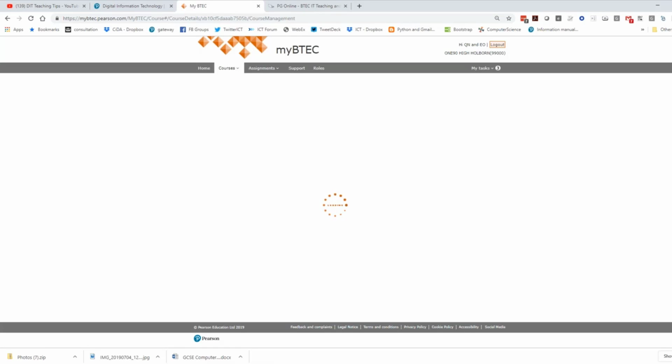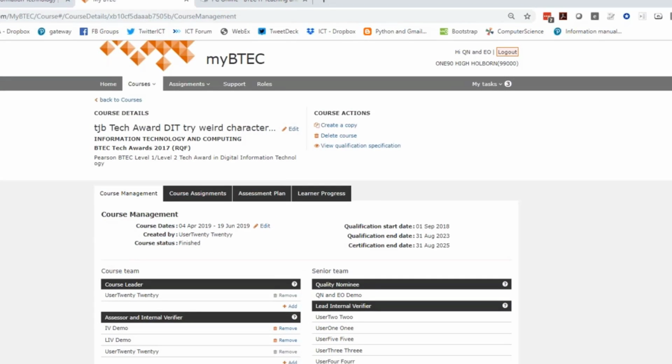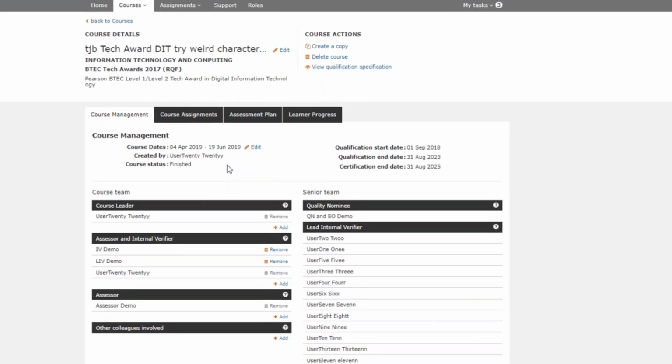And then when your SV asks for a sample of students' work, you'll be able to organize to send the student work. But any of the documents related to admin would be in My BTEC for the SV to look at.